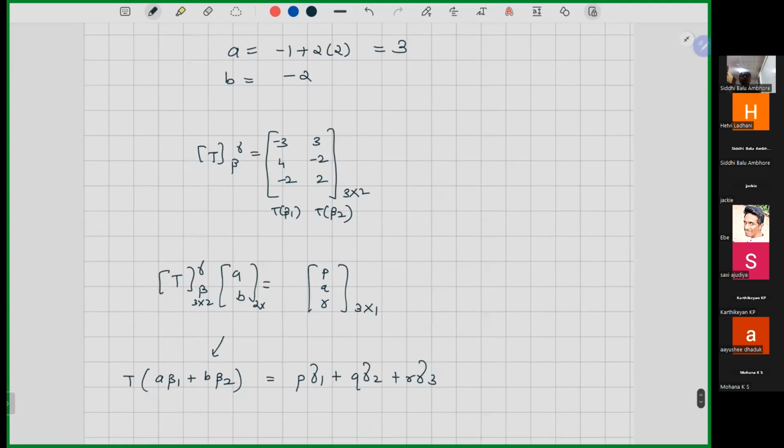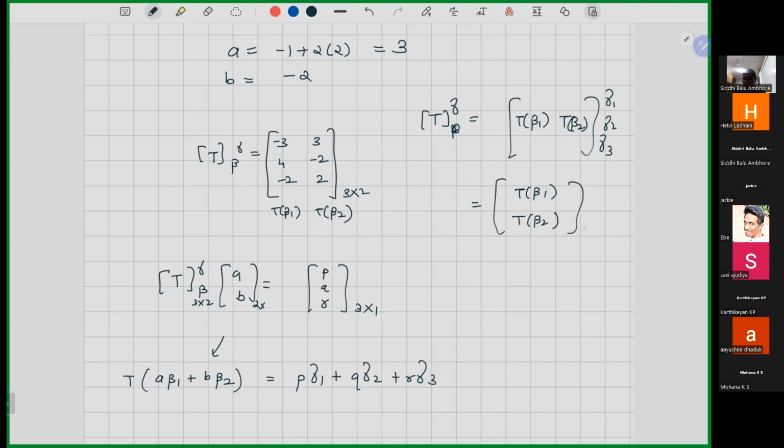If by any mistake you end up writing T beta 1, T beta 2 here, and the coefficients of gamma 1, gamma 2 and gamma 3 like this, and even if you change the order of gamma 1 and gamma 2, this matrix will change.